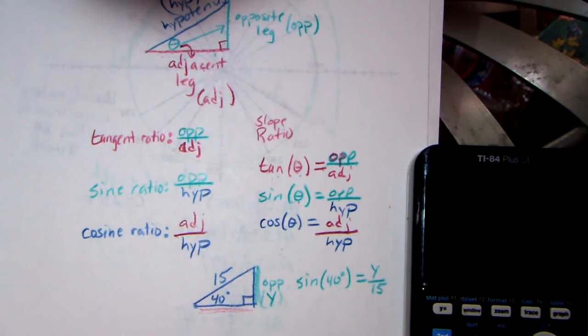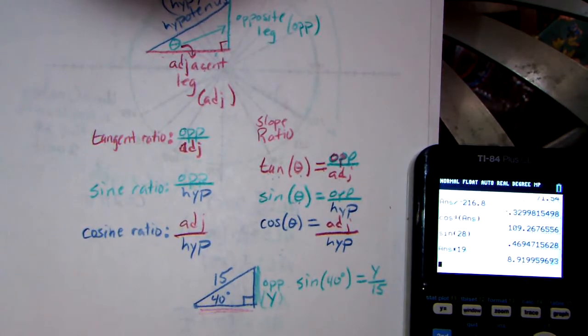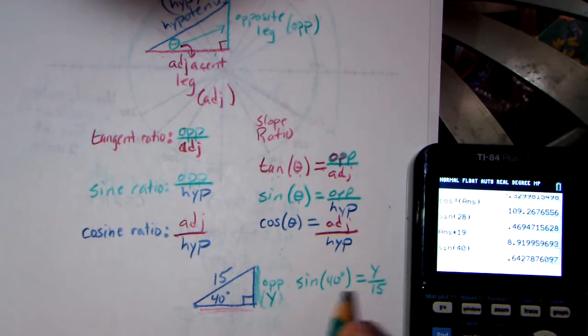Now my calculator pops in here, and my calculator will tell me that the ratio between the side opposite 40 degrees and the hypotenuse of this right triangle should be 0.6427 and so on, all those numbers. So my calculator tells me what this fraction is supposed to be.